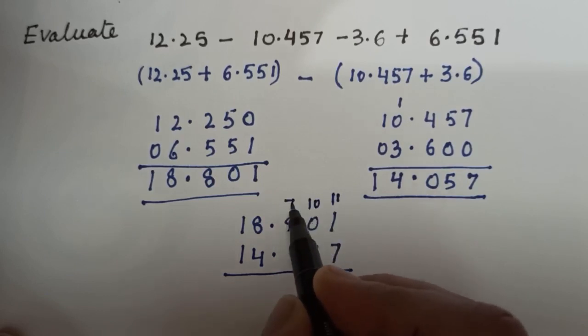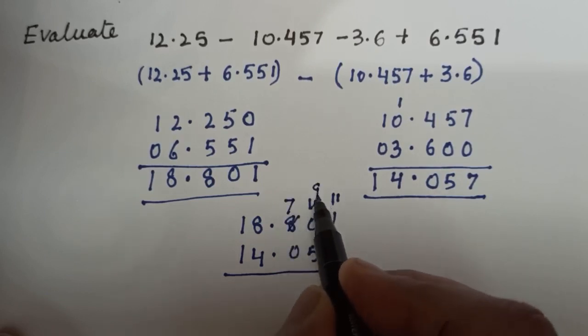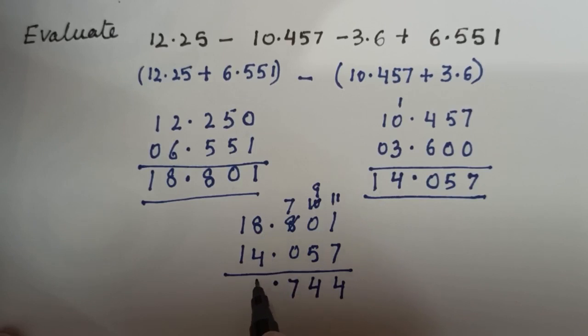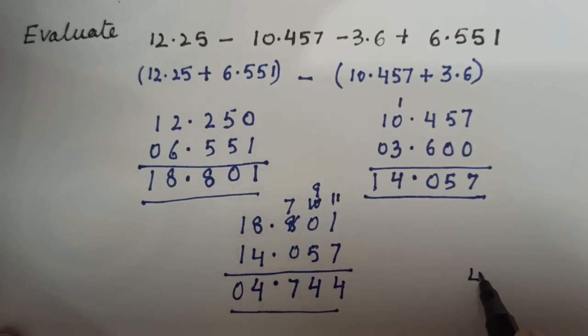So this will reduce to 7. This will reduce to 9 and becomes 11 here. 11 minus 7 is 4. 9 minus 5 is 4. 7 minus 0 is 7. Decimal at its own place. 8 minus 4 is 4 and here 0. So you get the answer here as 4.744.